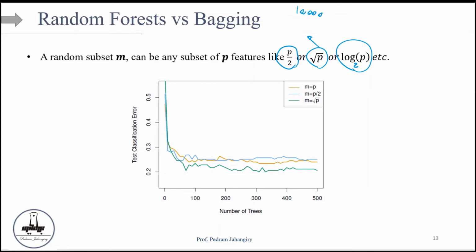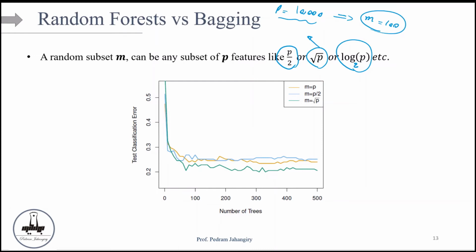Then random forest, instead of using 10,000 features, is going to only use 100 of them. You can see how much faster random forest can do the job, right? Because at each split, instead of going over 10,000 features, it's going to inspect only 100 features. So it's going to be a lot faster than decision trees for huge data sets, right? So this is another advantage of random forest against bagging.